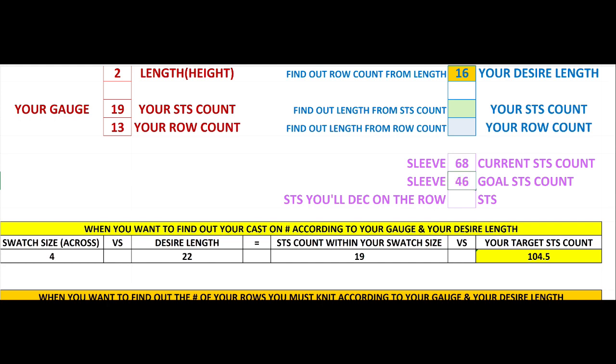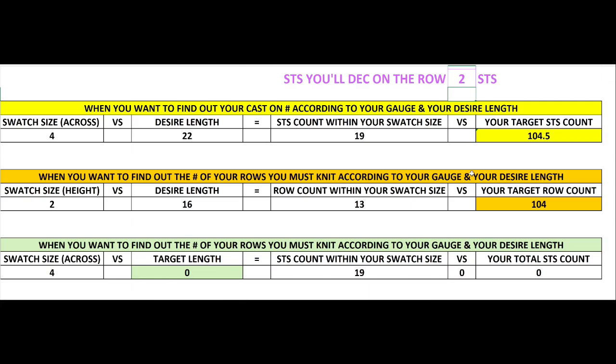So I put 46. And the stitches you will decrease on the same row, 2 stitches. So I am going to decrease 2 stitches at a time. So I put 2 stitches here. Enter. So let's go down. Pink section.